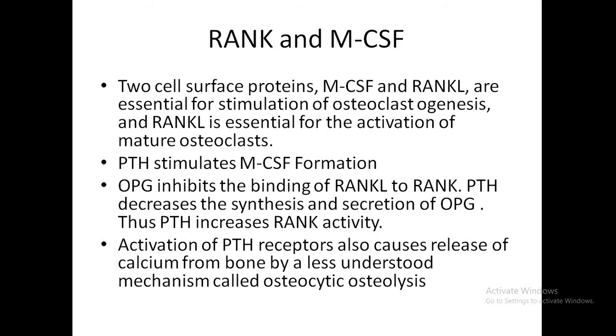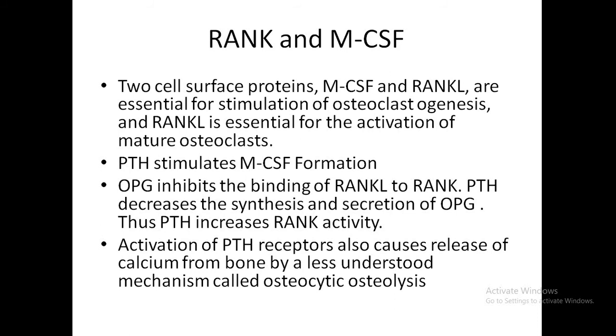Coming to RANK and macrophage colony stimulating factor. These two cell surface proteins, M-CSF and RANKL, are essential for the stimulation of osteoclasts and osteoclastogenesis. And RANKL is essential for the activation of mature osteoclasts.